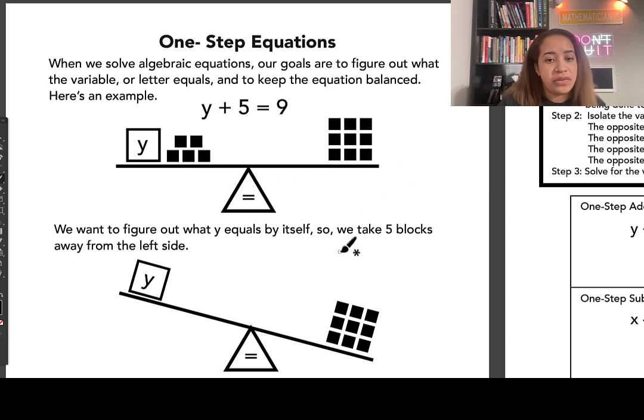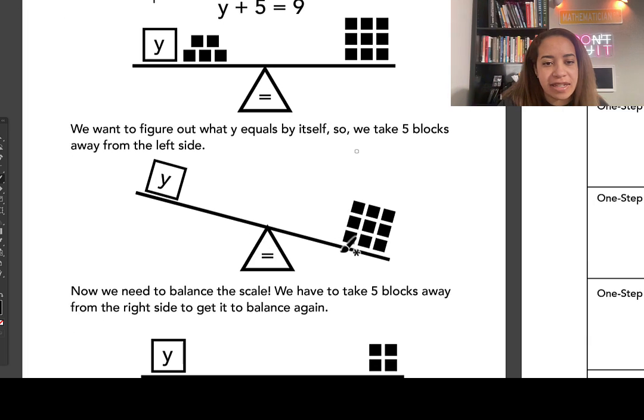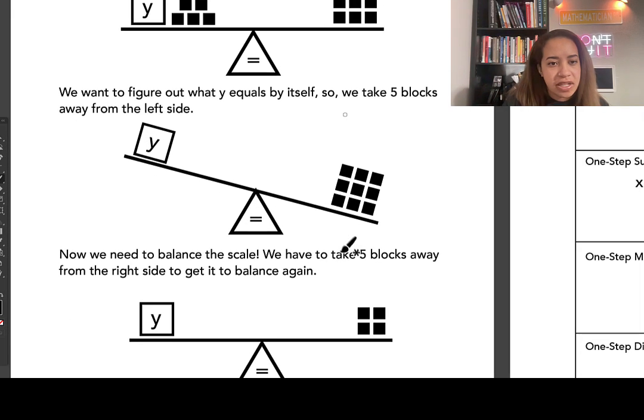We do want to figure out what y equals by itself. So the first thing we do is we take 5 blocks, we take those away from the left side. As you can see, that starts to make this side of the balance lighter, and our 9 blocks is heavier. So the equation is no longer balanced.